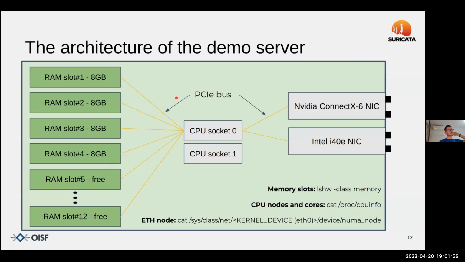To speed up a bit, this is the architecture of the demo server and the reason why I used the even numbers. I was able to determine the CPU cores of my CPU socket 0 from either this command or lscpu, which I will show in a bit.